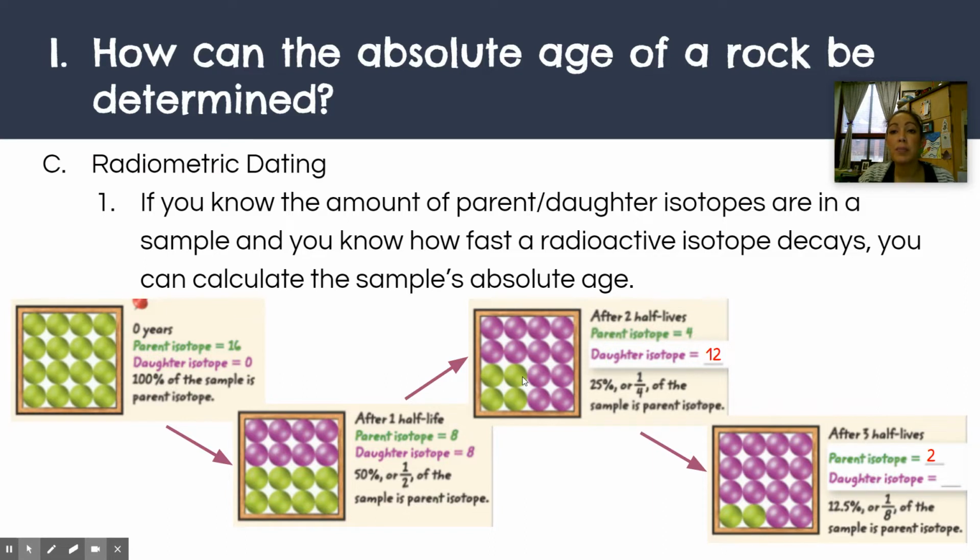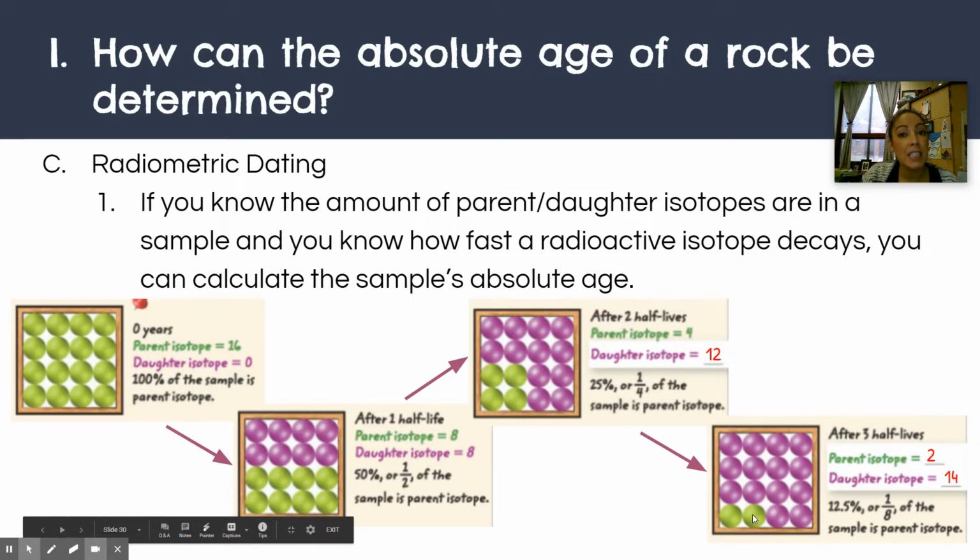So that's going to leave me with just 2 parent isotopes that are still radioactive, and 14 of my little elements have broken down and become stable daughter isotopes. They've decayed. So 12.5%, or 1/8 of the sample, is still parent, and the rest is daughter.